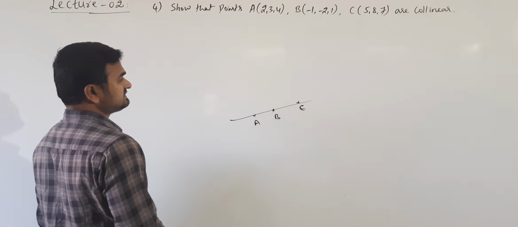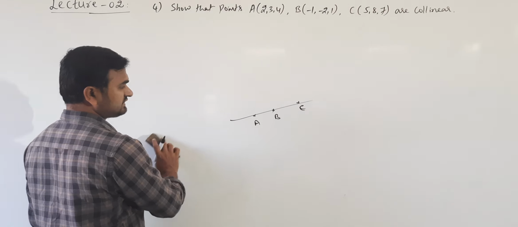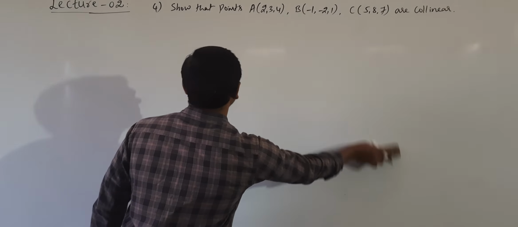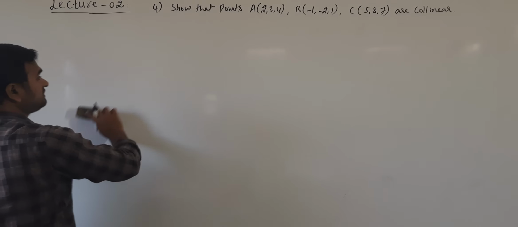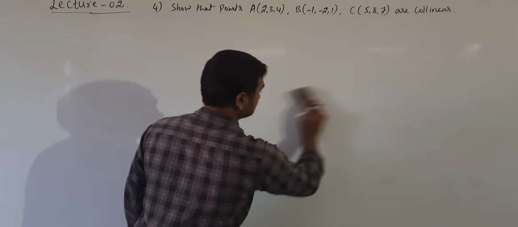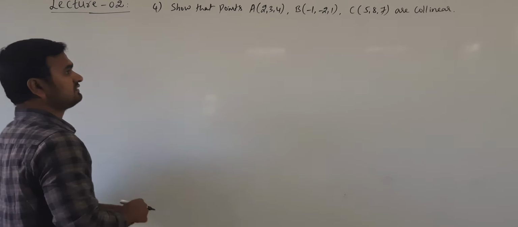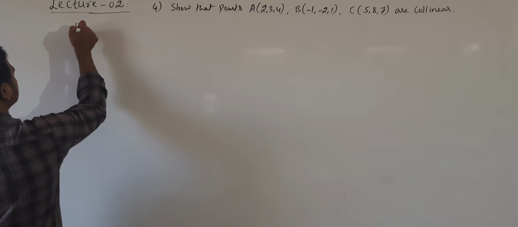Now, using DCs and DRs, how do we prove that they are collinear? Let us find the DRs of the line joining two points first, AB and then BC.